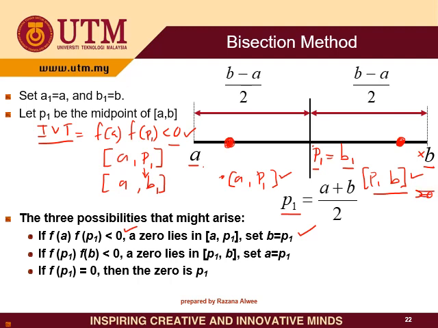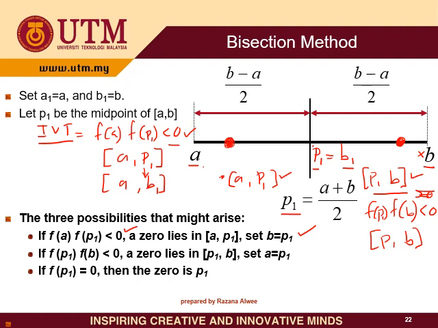this one, P1, FB less than 0, so you will use P1, B as your next iteration.